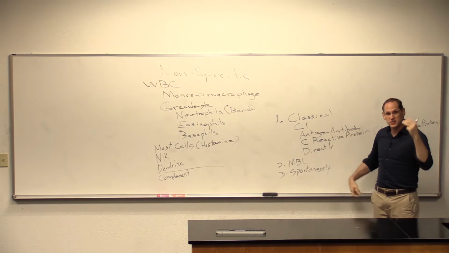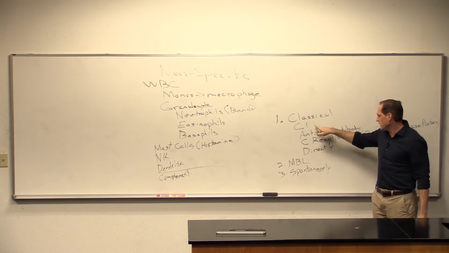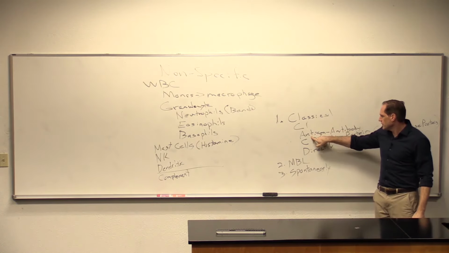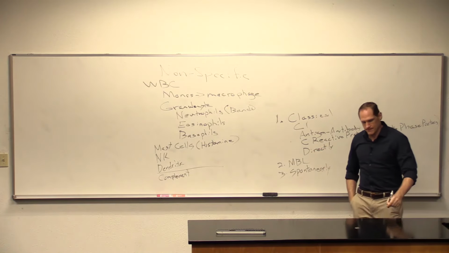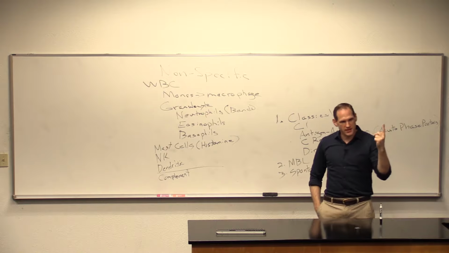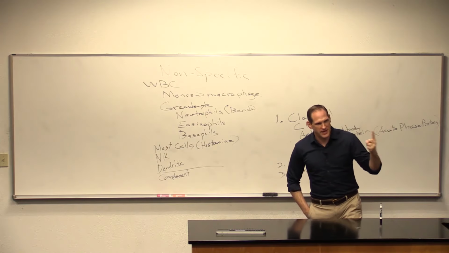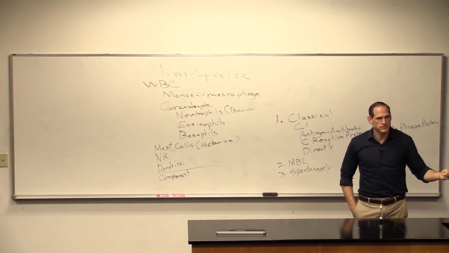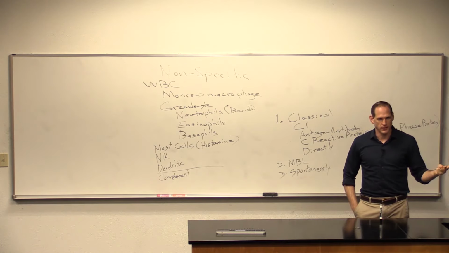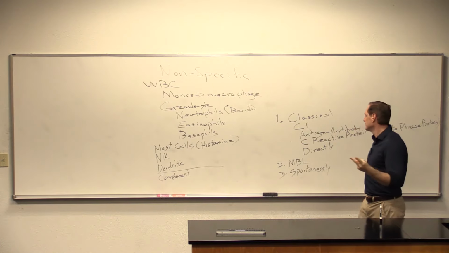The classical has 3 subpathways. C1 is going to bind to the antigen antibody, C-reactive protein, or directly. Now, that's the first thing you need to know about complement: how is it activated? The second thing you need to know is, what the heck does it do? Well, it complements.